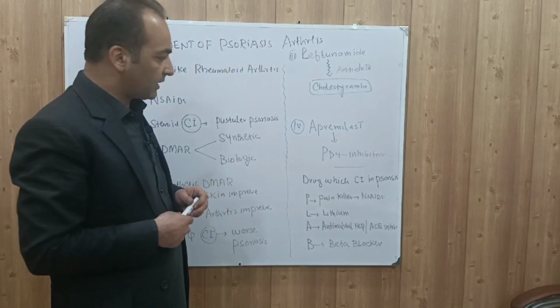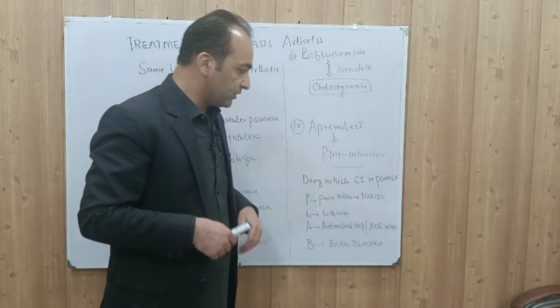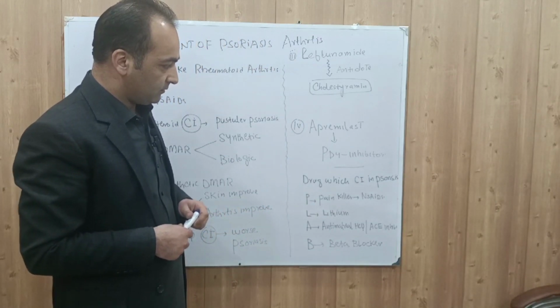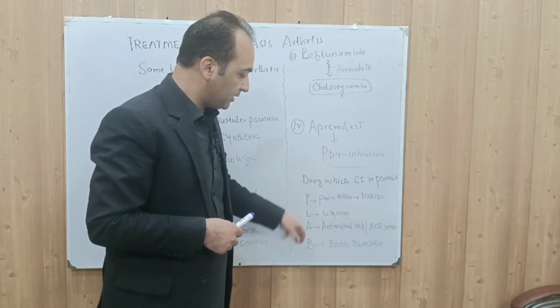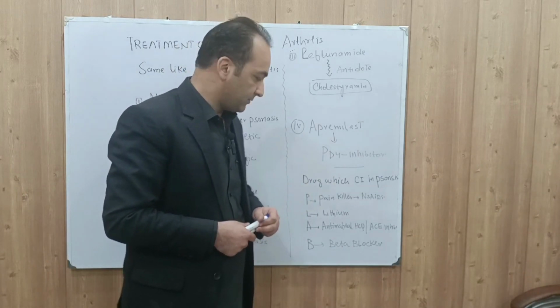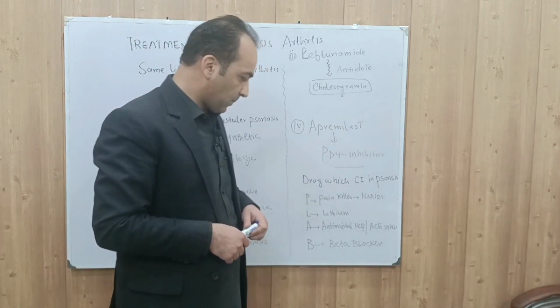Now the drugs which are contraindicated in psoriasis, if given in psoriasis, will worsen the psoriasis. The mnemonic for these drugs is PLAB, P-L-A-B. P means painkiller like NSAID. L means lithium.